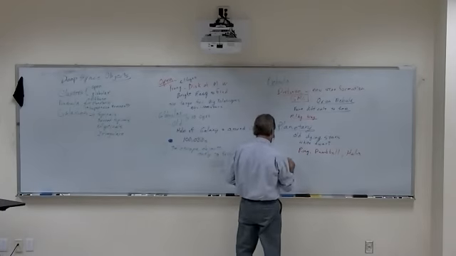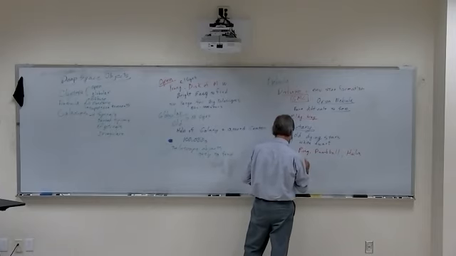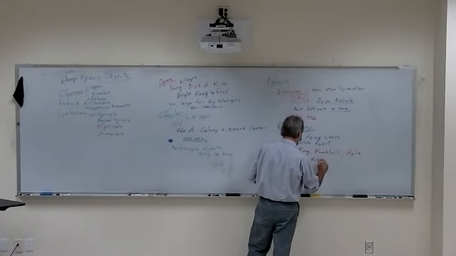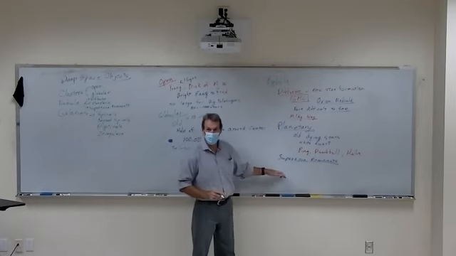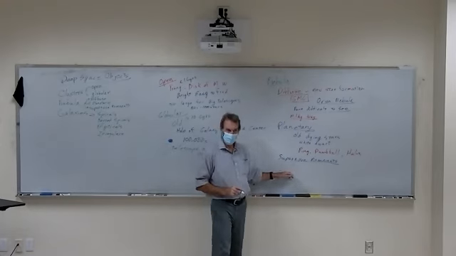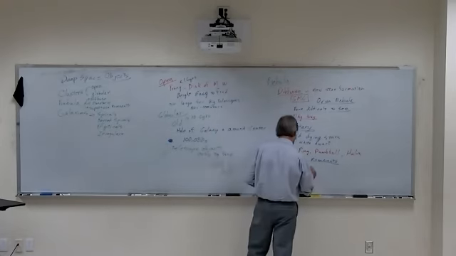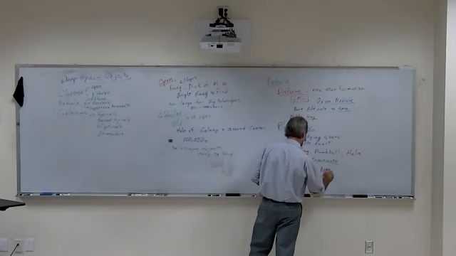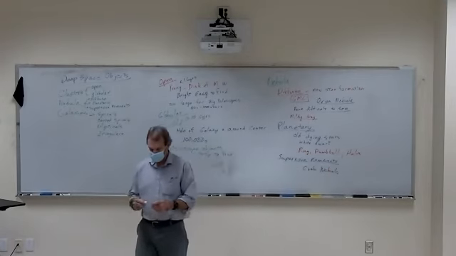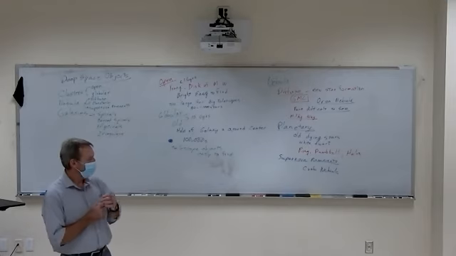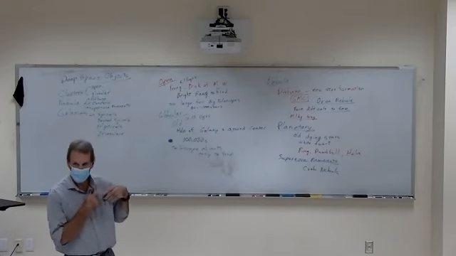Supernova remnants. Again, dying stars, but these stars die spectacularly, right? They explode. The most famous is the Crab Nebula in Taurus, also known as M1, which is not up tonight for us.